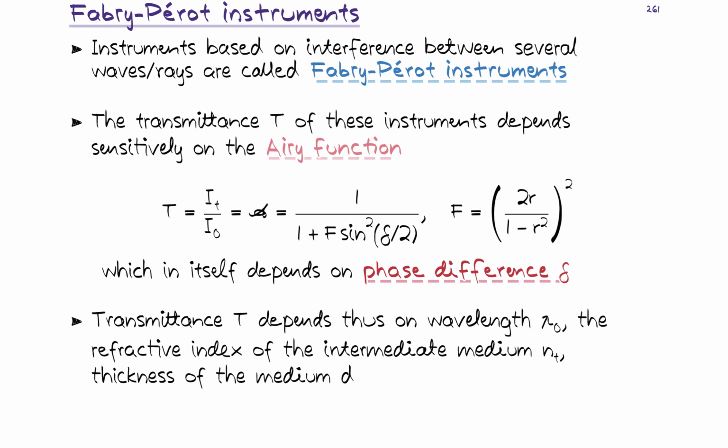In the case of a thin film structure, that would be the thickness of the thin film, and then of course on the refraction angle theta_T, and that changes when we change the angle of incidence theta_I.